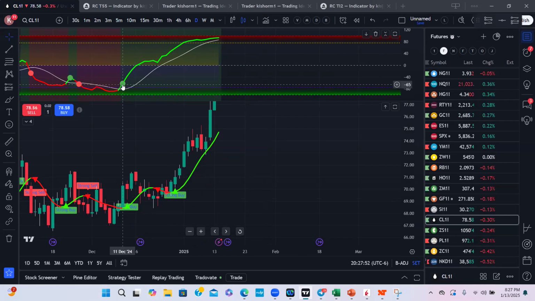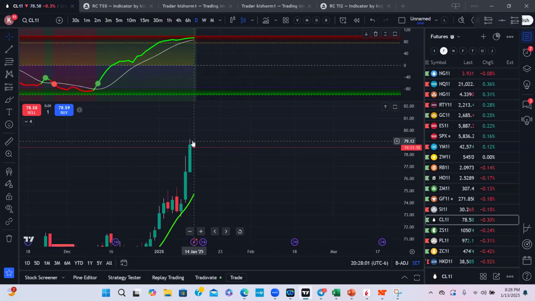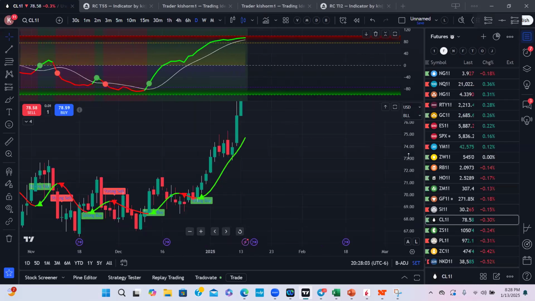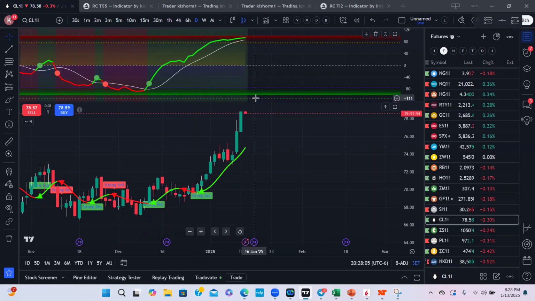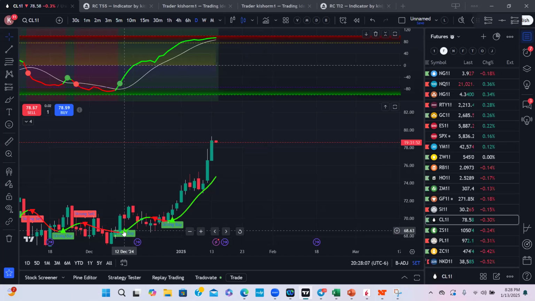We got this, right? It came all the way to the bottom. You got a buy signal, you got a strong buy from nearly $68. It went to 78, $79. So one contract, nearly $10, $11,000. So you took on 12th December, now it is 13th January. Nearly one trade you will hold for a month or 1.5 months like that.